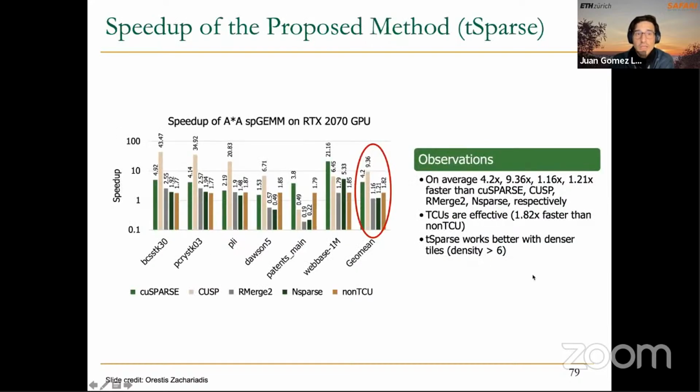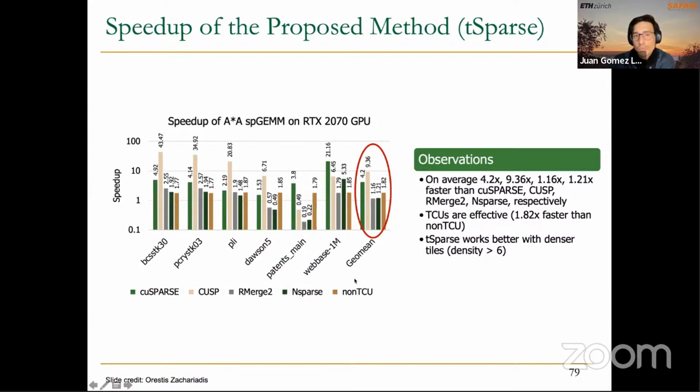So if we take a look at the speed up of this proposed method, we see pretty nice results for most of the matrices that we tested, in comparison with, let's say, the most up-to-date, most powerful state-of-the-art implementations of sparse matrix computation. Here we compare to the QSparse library, to CUSP, which is another optimized library, R-merge2 and NSparse.